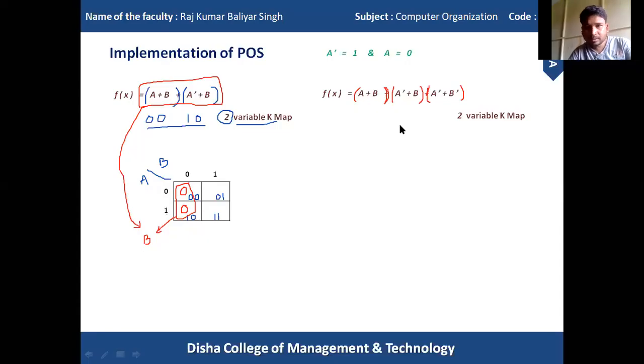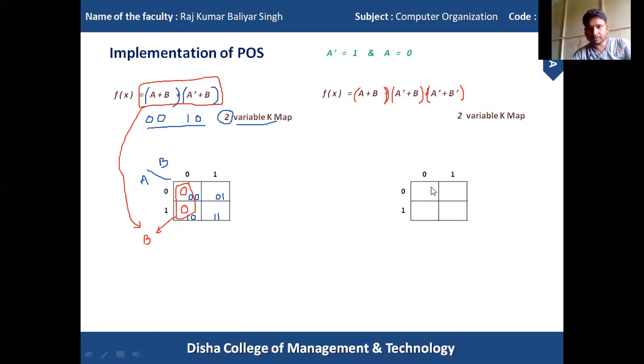Suppose we have an expression like this: A plus B, then A naught plus B, then A naught plus B naught. This Boolean expression uses two variables, A and B, so we can use the two variable K-map. This is the structure of the two variable K-map.